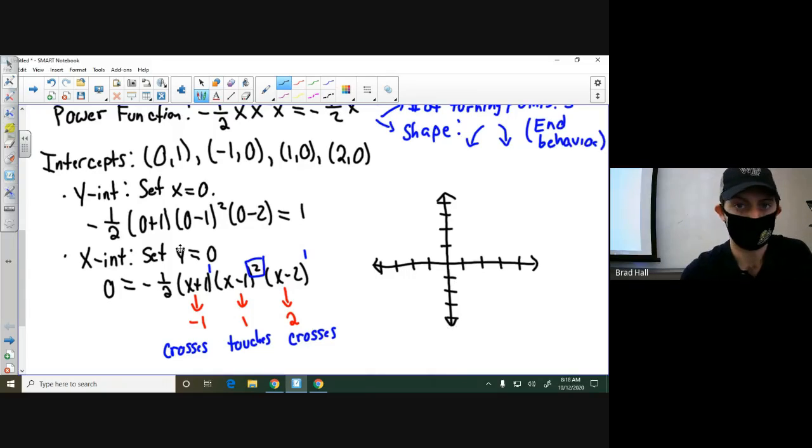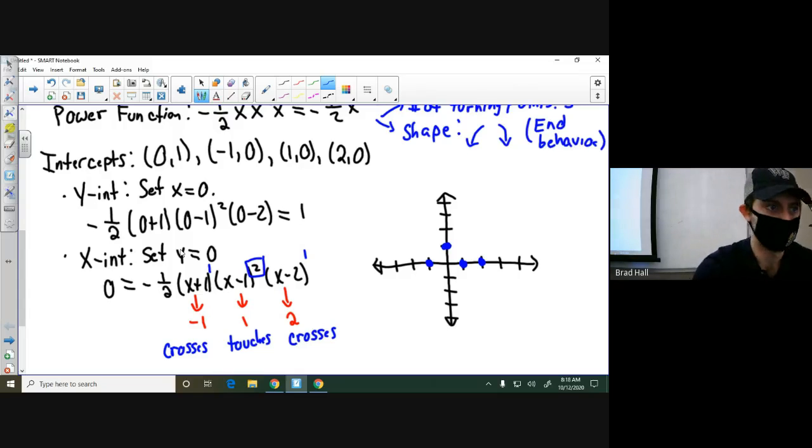Okay, so let's go ahead and plot all these intercepts that we have. Definitive points on the graph. 0, 1, -1, 0, 1, 0, 2, 0. That would be the first step.